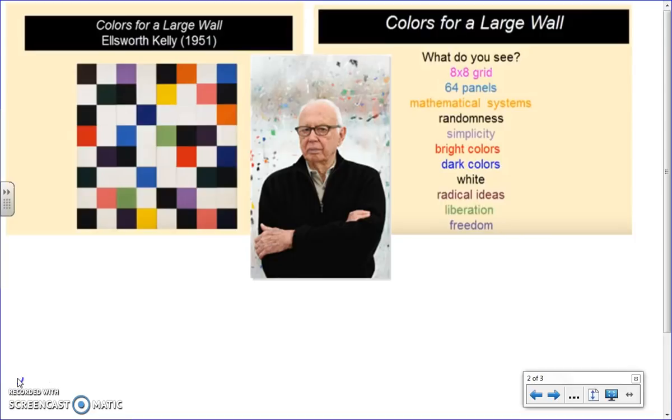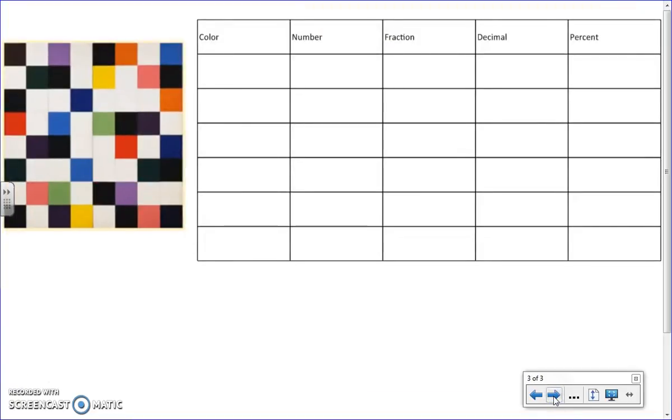Now we're actually going to analyze it mathematically. I have a picture of his work, and I have this chart that I've made. The chart has several columns: color, number, fraction, decimal, and percent. In class, we are going to make our own abstract art and analyze our own art pieces.